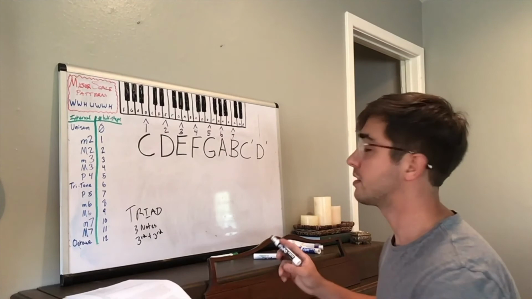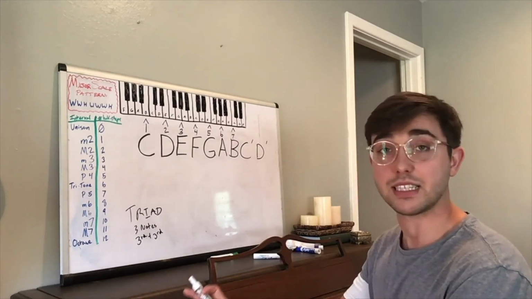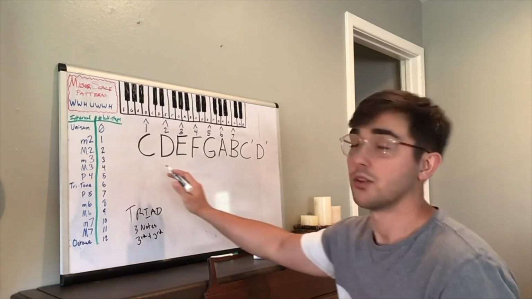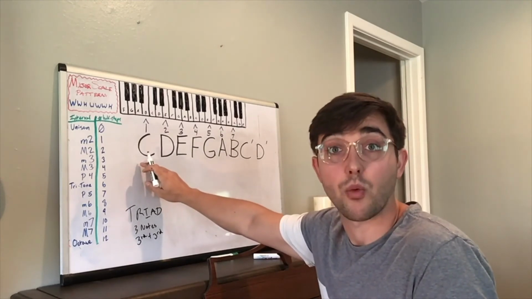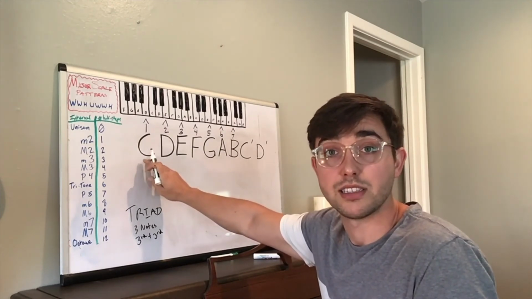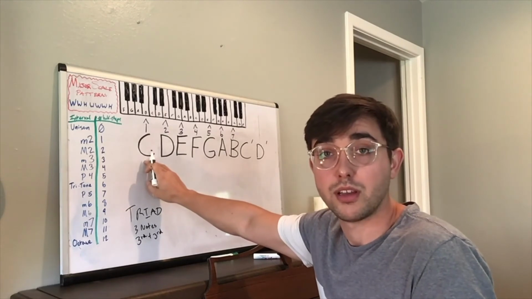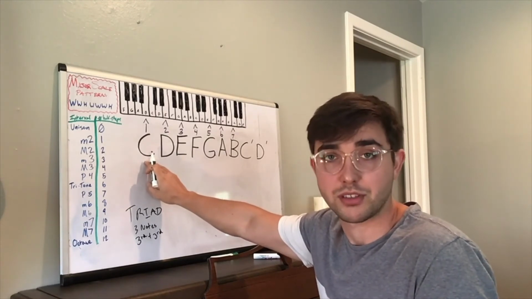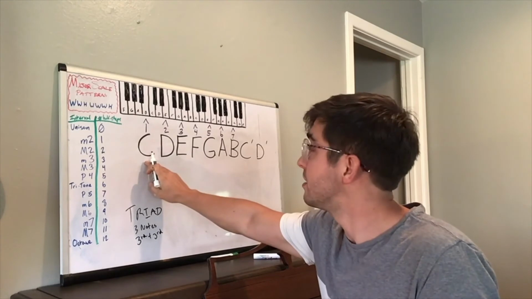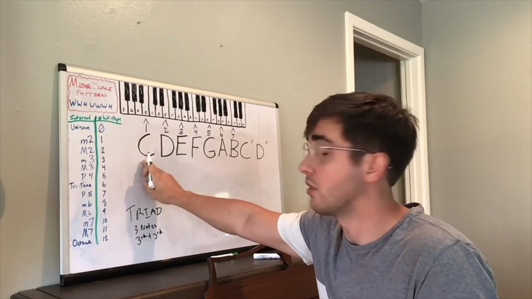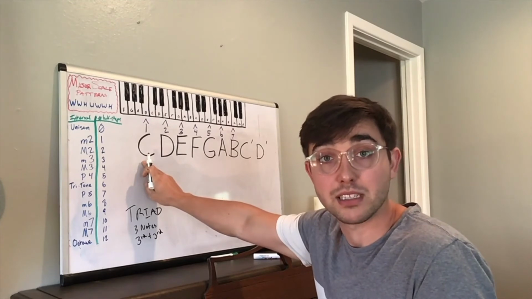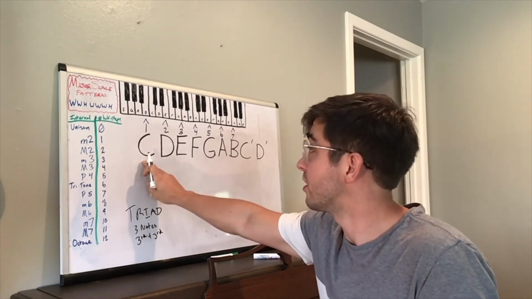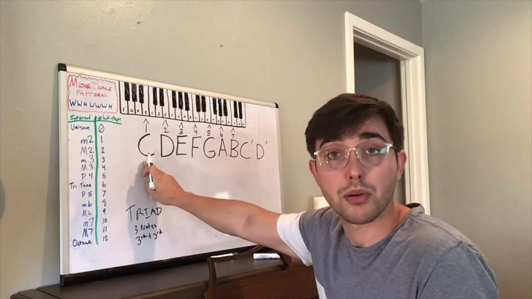So scale degree 1 again is C. We talked about triads having 3 notes. A way to figure out what those notes are is to start with a note, and we're still sticking to C major here, just to be clear. So we're starting from scale degree 1. That'll be the basis of our triad, the root of our triad. We have to go up a third.